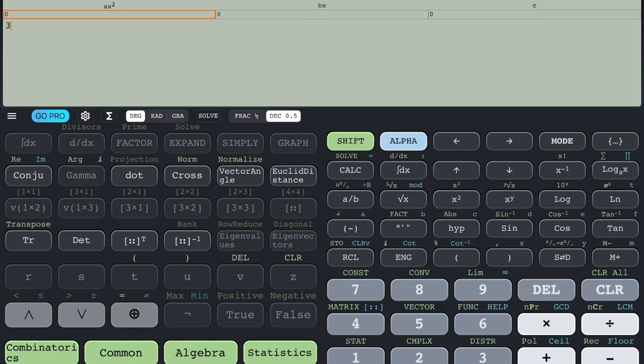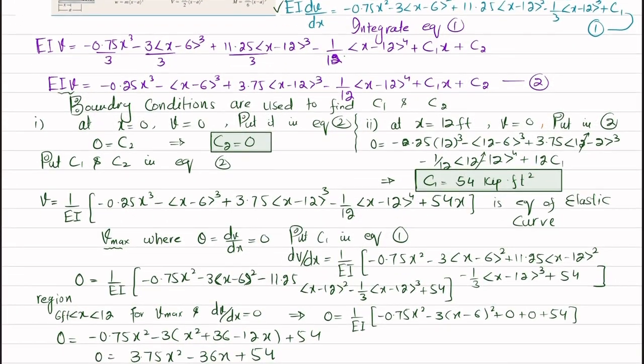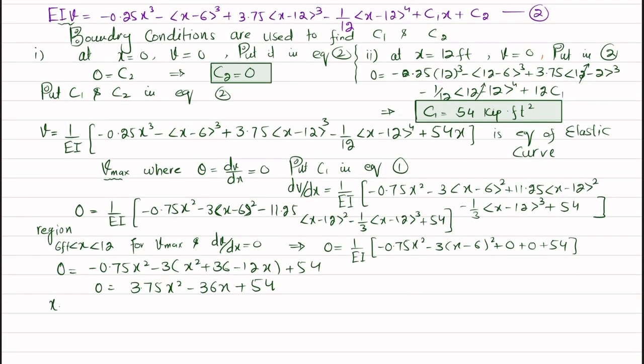So a is 3.75, b is minus 36, and c is 54. So you have two values, one is 1.86 and the other is 7.73. So write down this: x1 will be equal to 1.86, or x is 7.73 feet.